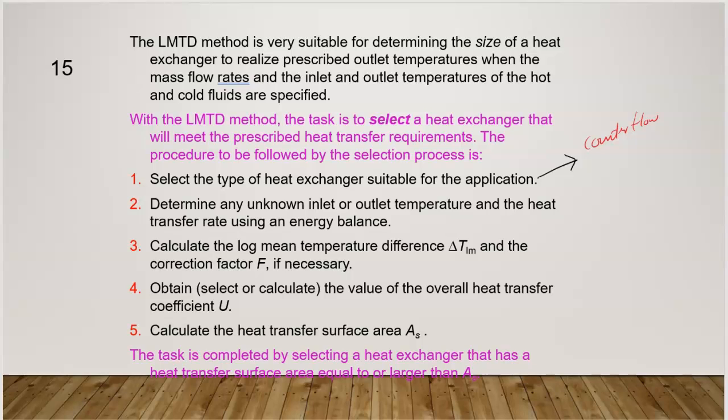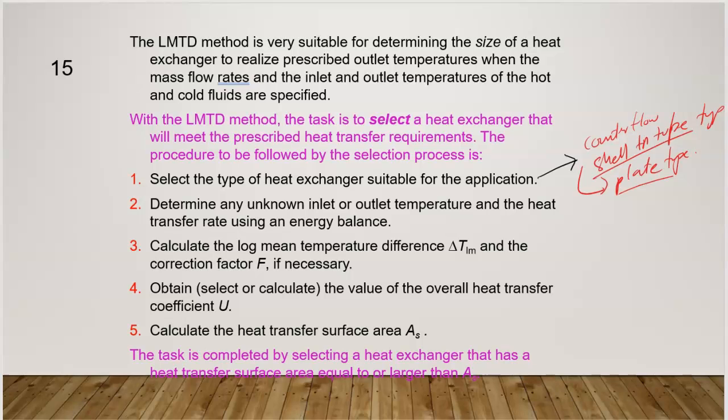And then maybe shell and tube type. Okay, or you need a very compact space, then you need to change to plate type. Plate type is just a heat exchanger, because plate type is very compact compared to shell and tube. It is too big, it needs a very large space.